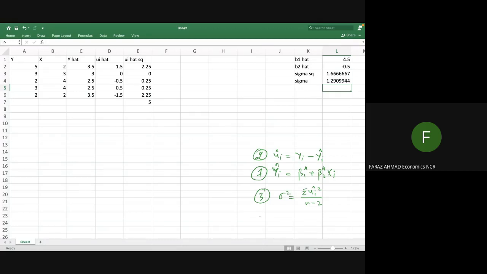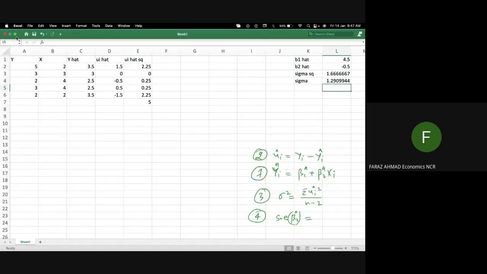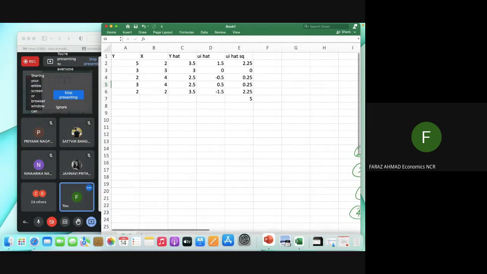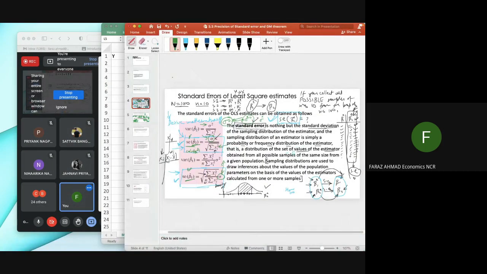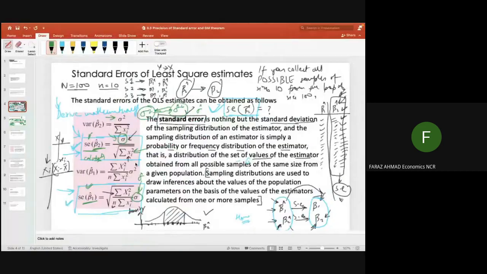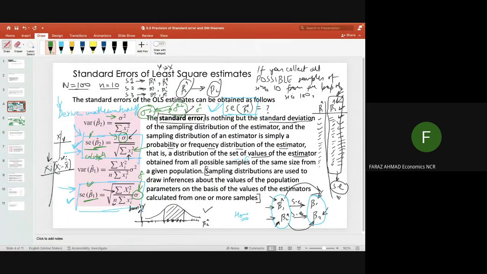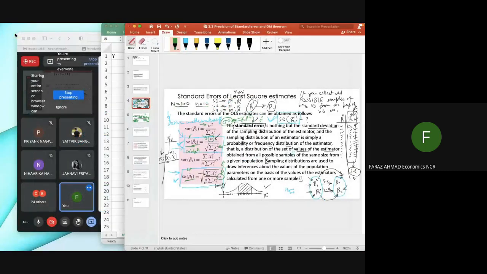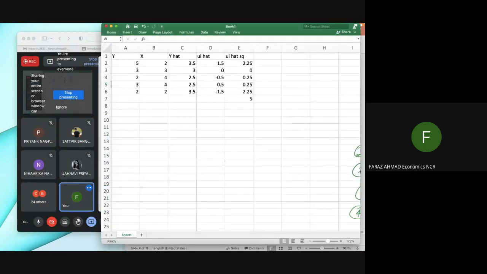Formula number 4, standard error beta 2 hat equals, so just see the formula. It says that sigma divided by the square root of summation xi squared, right?